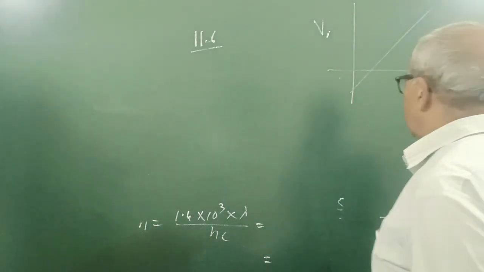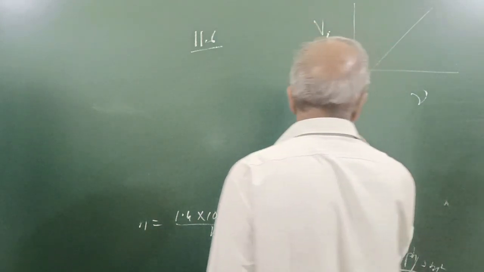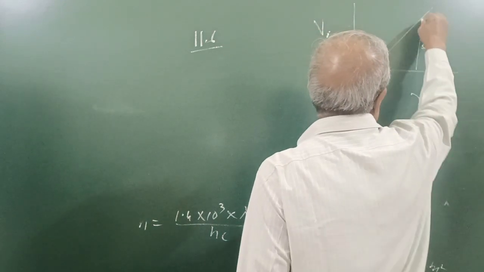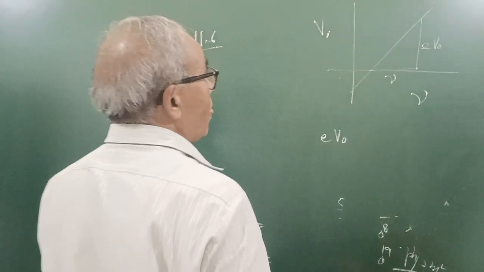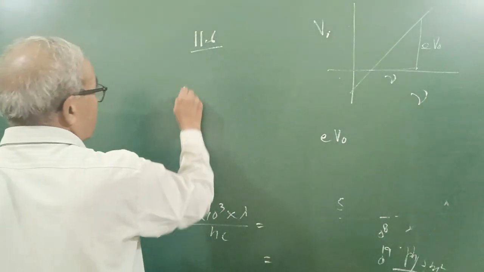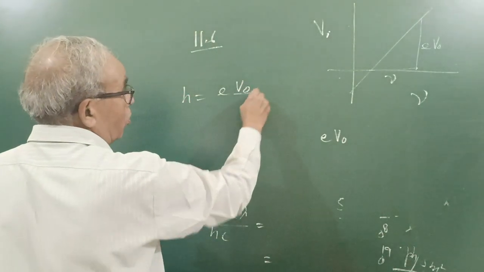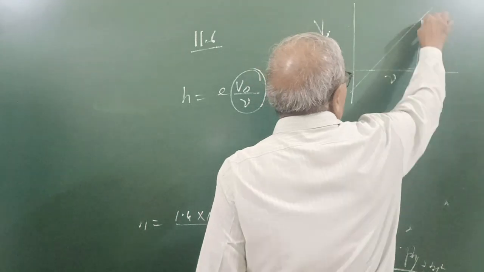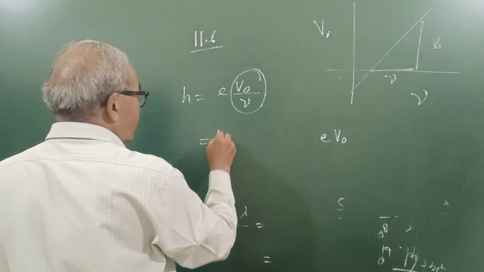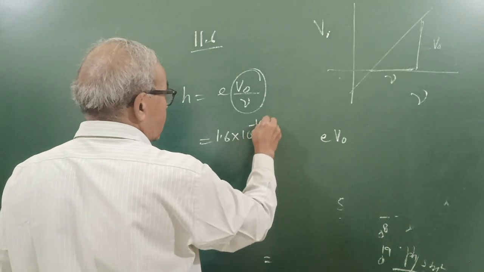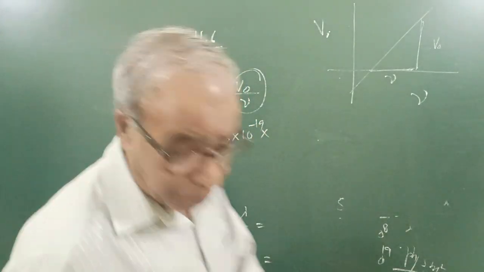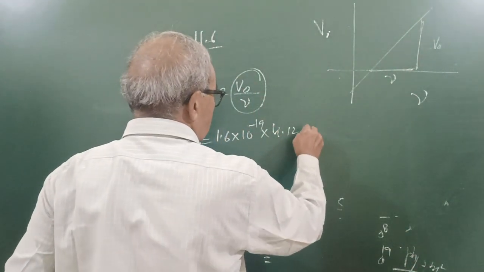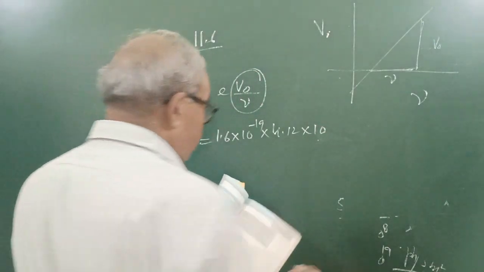Actually, kinetic energy is eV0. So if we multiply by e, it will be eV0 upon nu is equal to Planck constant, h, equal to eV0 upon nu. You are given this slope, V0 upon nu, so multiply 1.6 into 10 to the power minus 19 with this slope, which is equal to 4.12 into 10 to the power minus 15.